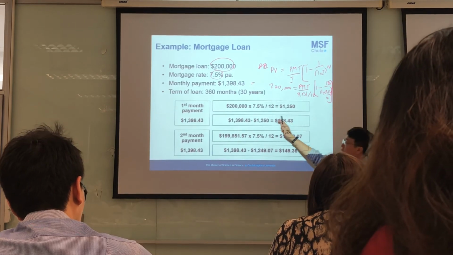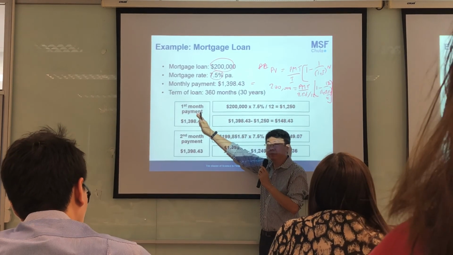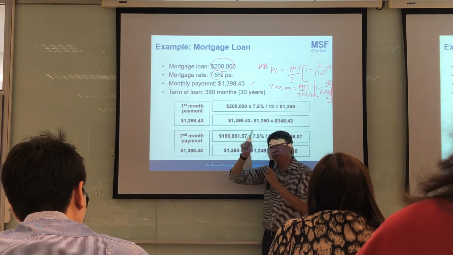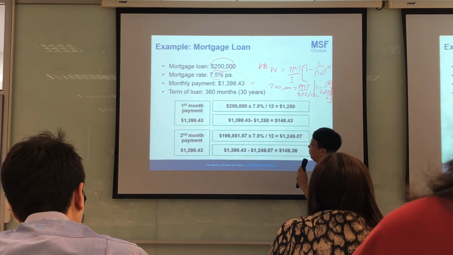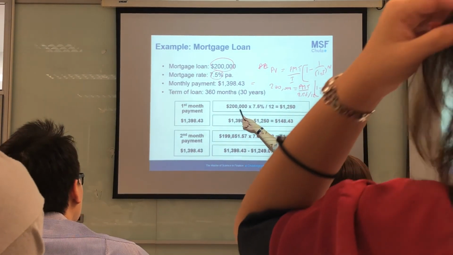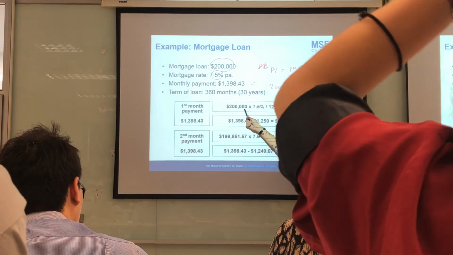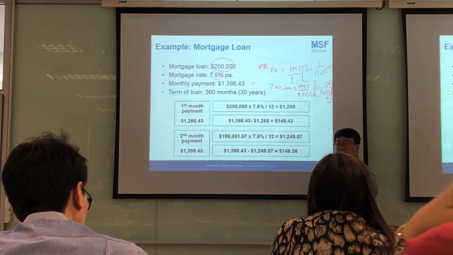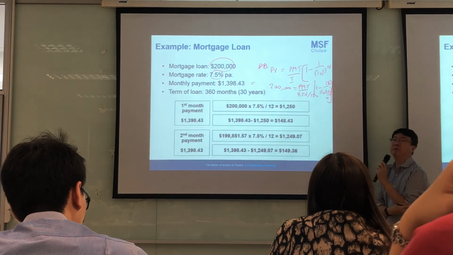So once you borrow 200,000, next month you pay the first payment, right? The interest for this month would be based on the beginning balance, the loan balance, 200,000 multiplied by 7.5% divided by 12.